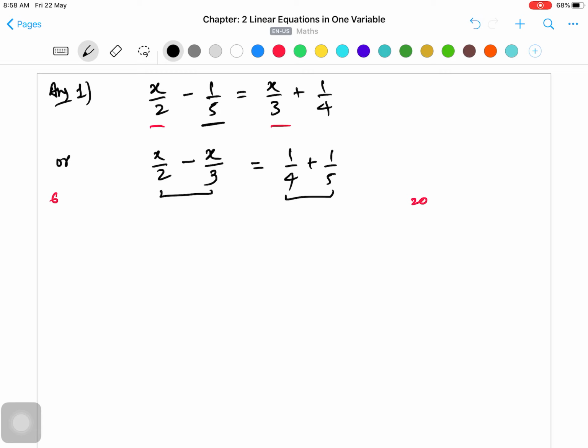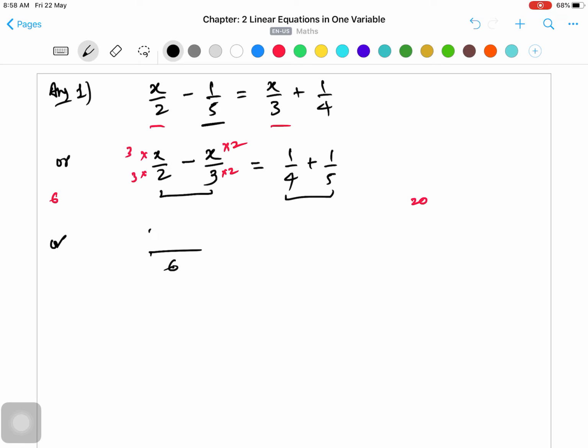In order to make 6, we need to multiply by 3 in the denominator, so we also multiply 3 in the numerator. Similarly, we need to multiply by 2 in the denominator, so we also multiply 2 in the numerator.